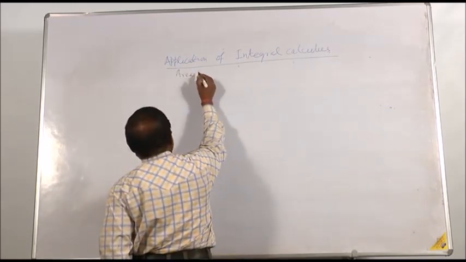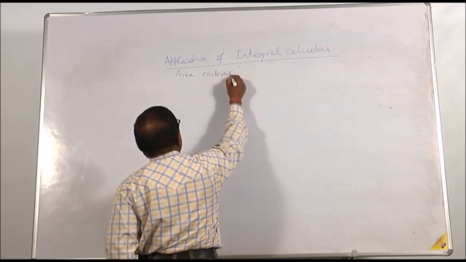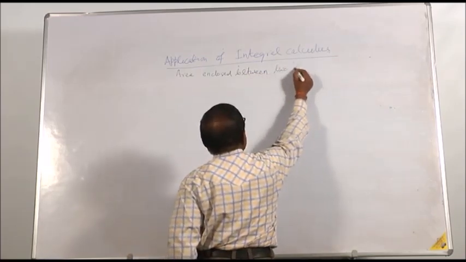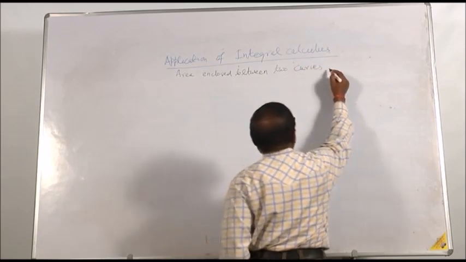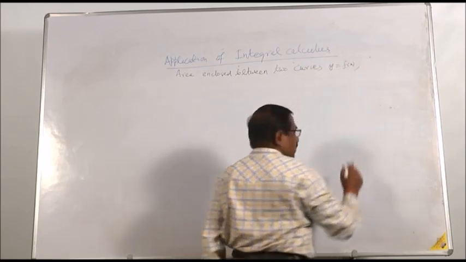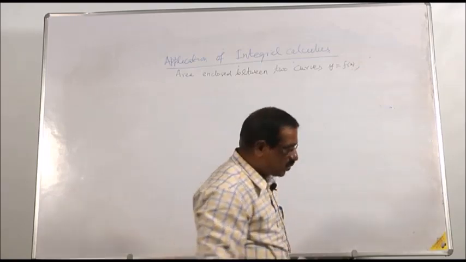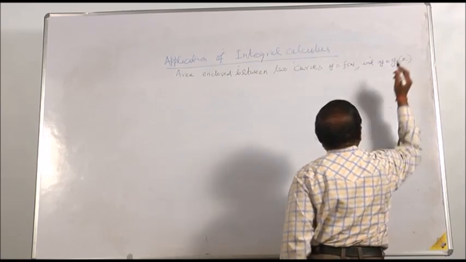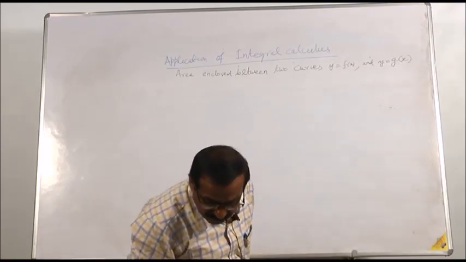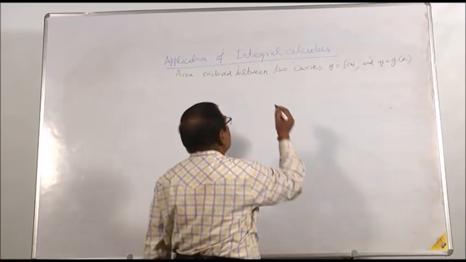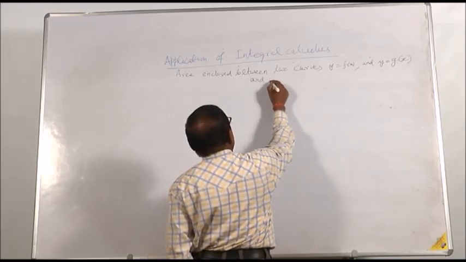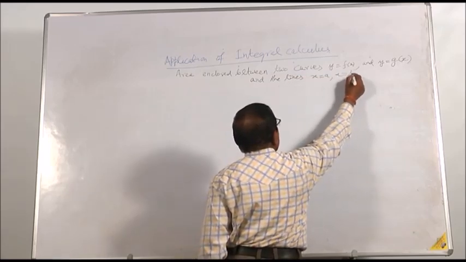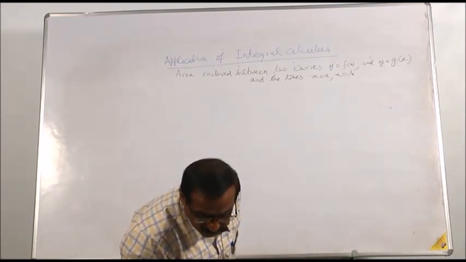Area enclosed between two curves y is equal to f(x) and y is equal to g(x), and the lines x is equal to a and x is equal to b.